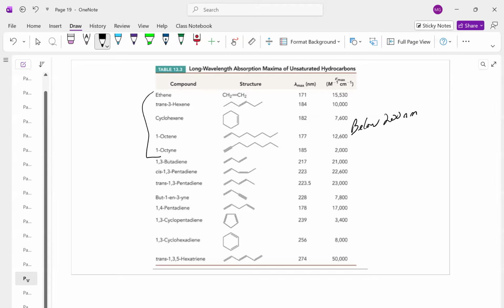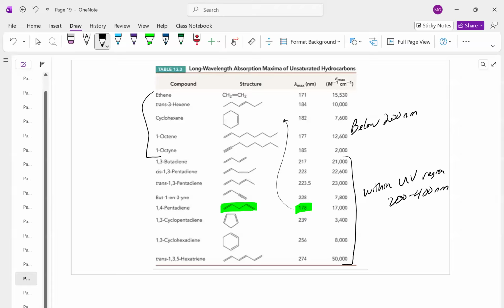Notice as we start to get more conjugated, now this is absorbing light within the UV region, which is like 200 to 400 nanometers. There's one weird guy right here, an isolated diene. Notice how suddenly, even though it is a diene, because it is not conjugated, it shoots right back down into this category of below 200 nanometers.